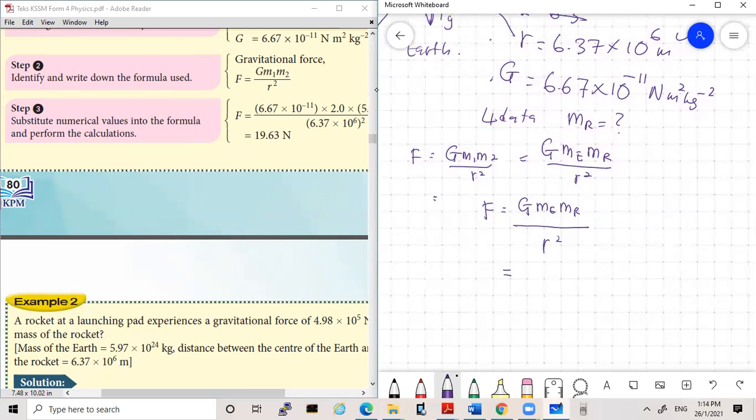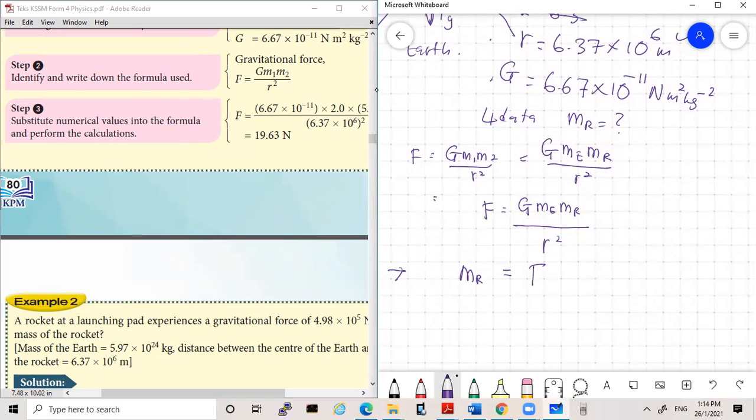But for me, I would like to arrange the equation first, depending on the value that I want to find. For this one, the question asks for the mass of the rocket. So what we are going to do is make the mass of the rocket our subject, leaving it alone.